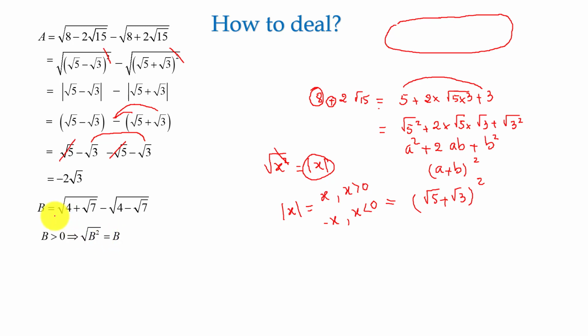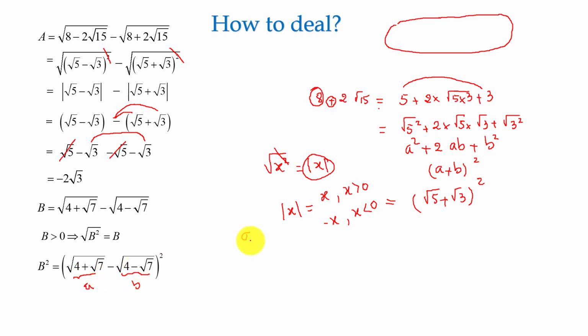So I can raise both sides of this equation to the square. So I get B squared equals (square root of 4 plus square root 7, minus square root of 4 minus square root 7) all squared. This I use a minus b, let this be a and this be b.